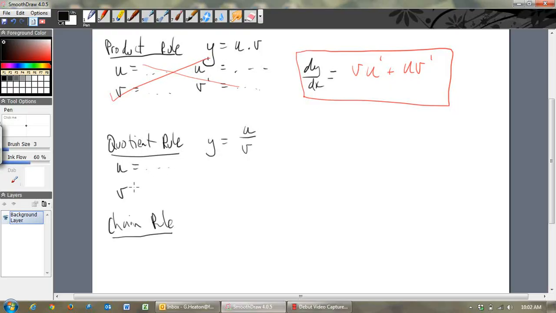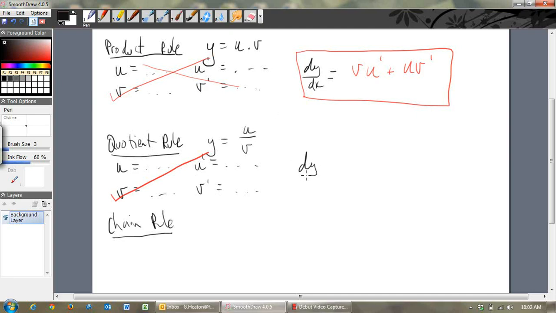If you write them out, u equals something, v equals something, u dashed equals something, v dashed equals something, then you do a little tick going up like that.